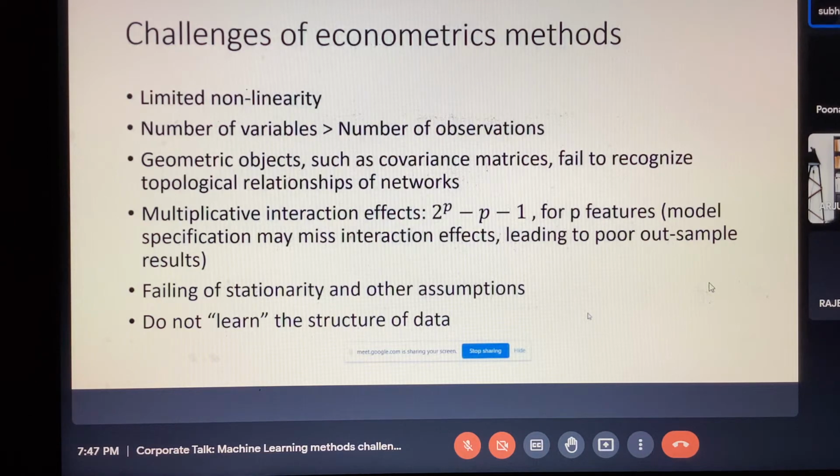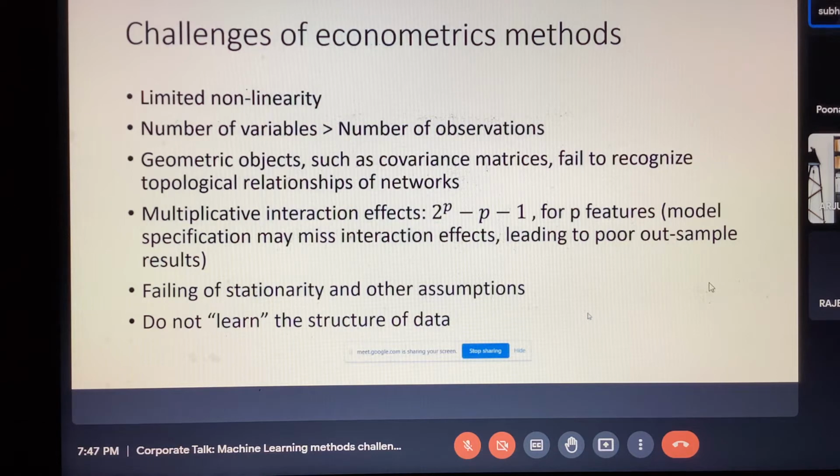And then finally, overall, basic econometric methods do not learn the structure of the data. You give it a model and it tries to tell you how well the model behaves. So you have to give it a model, and then it tries to understand how it behaves.